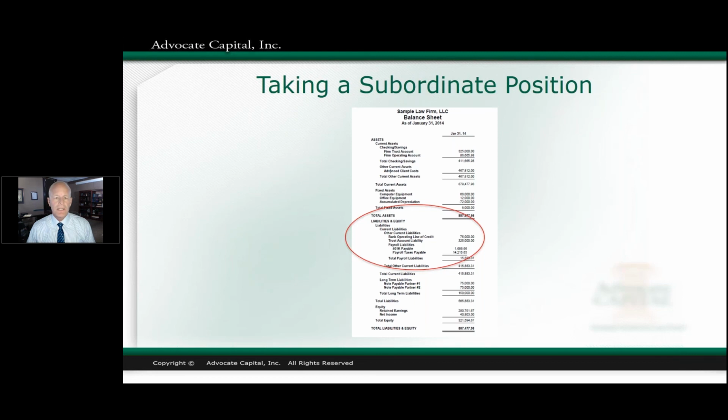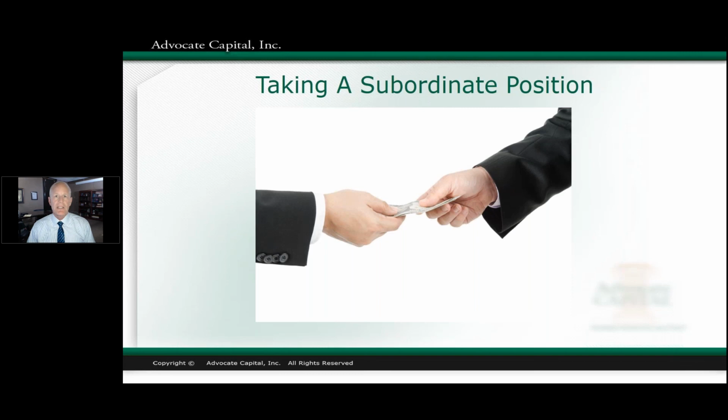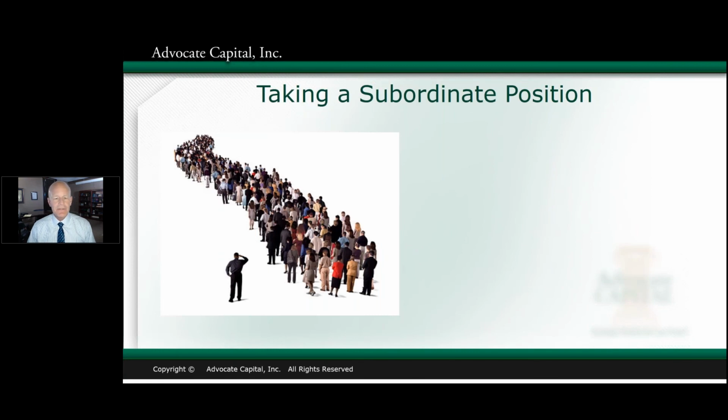We all know in this business that bad things happen to good people. If you get disabled or injured, something like that, and the law firm has a bump in the road for a while, what's going to happen to your case expense dollars? There are a lot of people ahead of you to get paid, right? Your lenders, your employees, taxes, operations, rent. If you have case expenses coming back out of your cases, they're going to get gobbled up, and you're only going to get something if you're the last one standing.